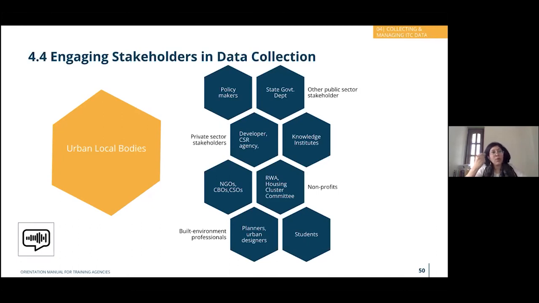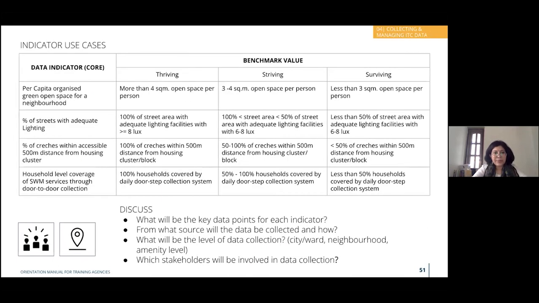We will need people who are very good at asking questions, who are very good facilitators, who will extract the kind of data that is needed. So there can be NGOs, there can be behavioral scientists who can guide. So there'll be a whole ecosystem that the cities will have to think about and develop to do this systematically.